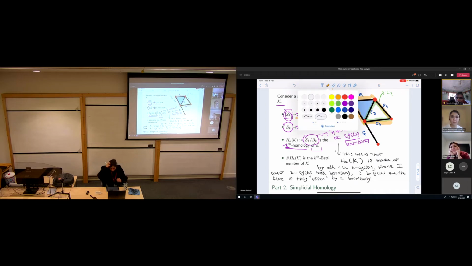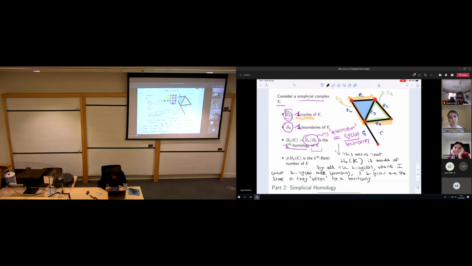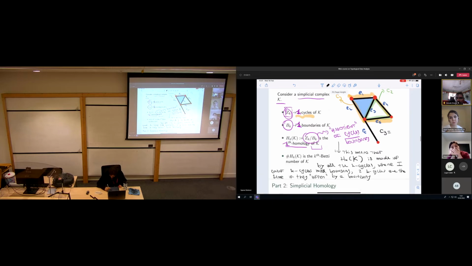Now, you can appreciate from the figure, and you can check it algebraically, that C3 can be interpreted as C1 plus C2.